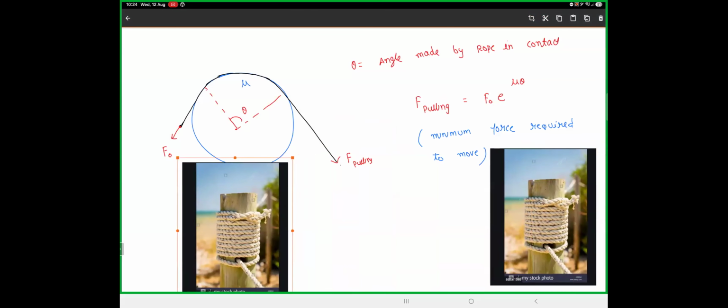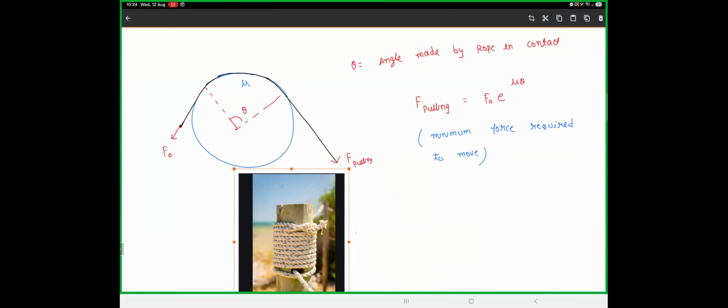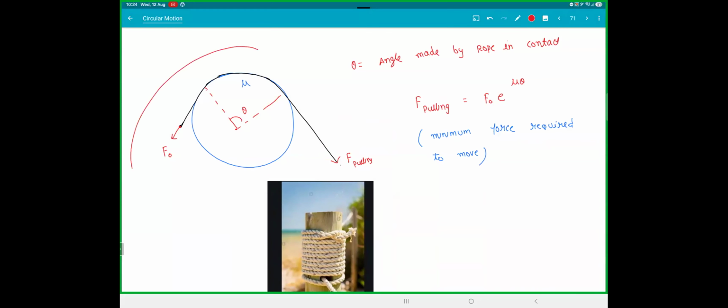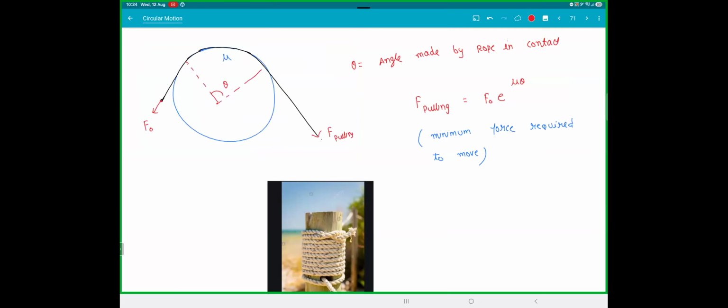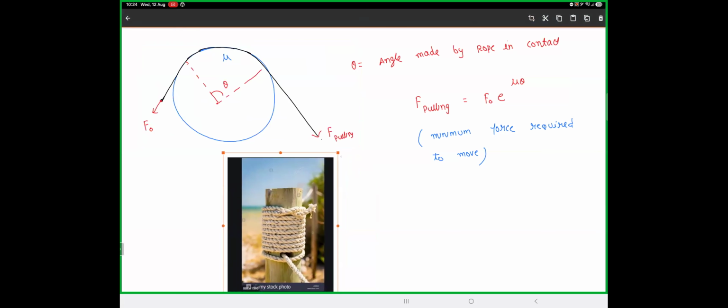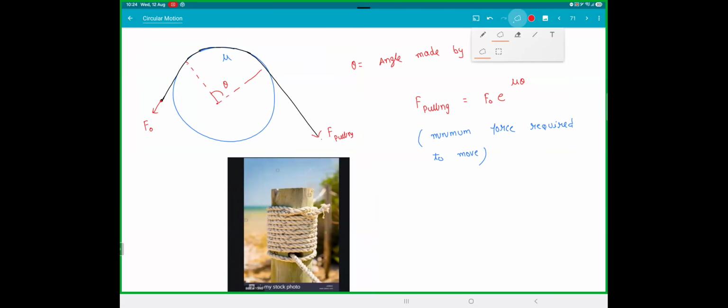Can you see how they're tying the rope there? So by tying the rope multiple times round, it's very difficult to pull the rope out. You get a very high tension. So this is a technique we use when you're tying something. You make it go a few rounds.